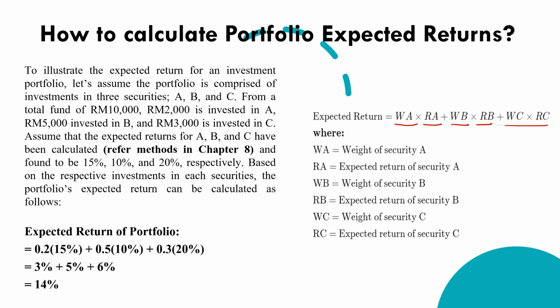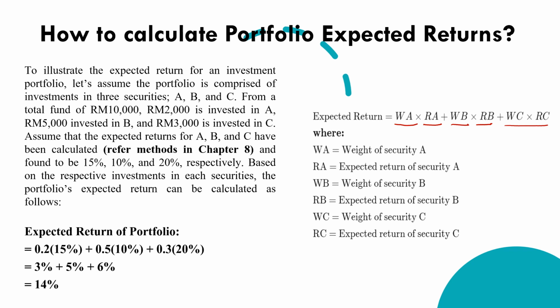Fundamentally, an investor bases the estimates of the expected return of a security on the assumption that what has been proven true in the past will continue to be proven true in the future. That is why the expected return for each security in the portfolio is commonly measured using probability or historical data. You can recall this from my video for chapter 8.